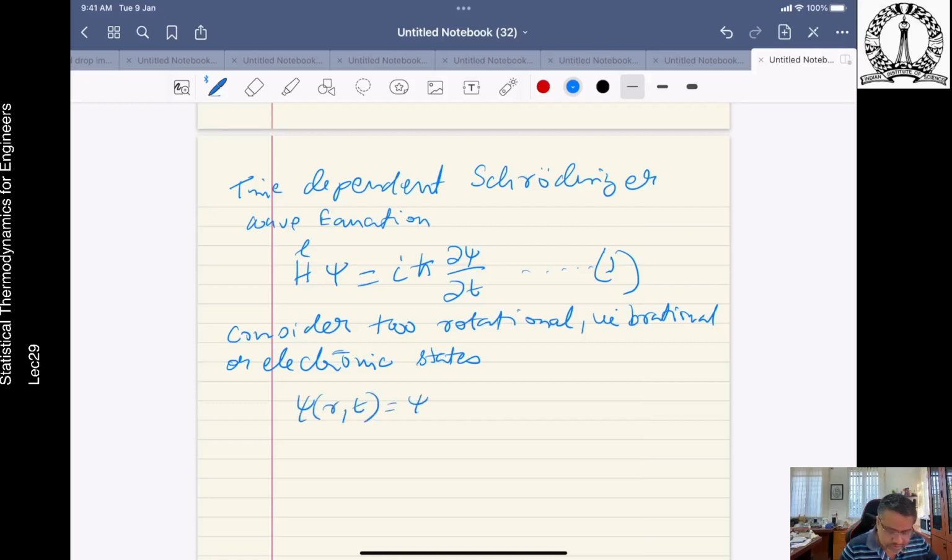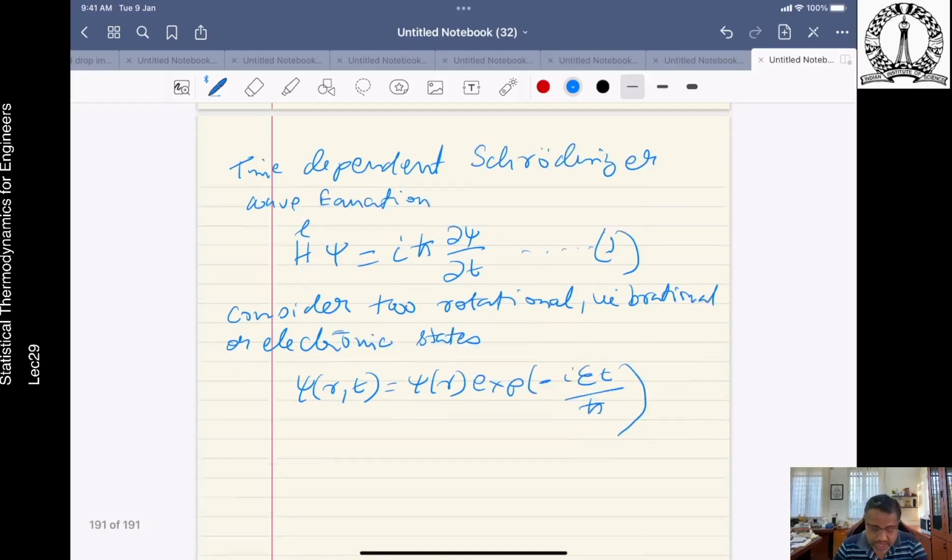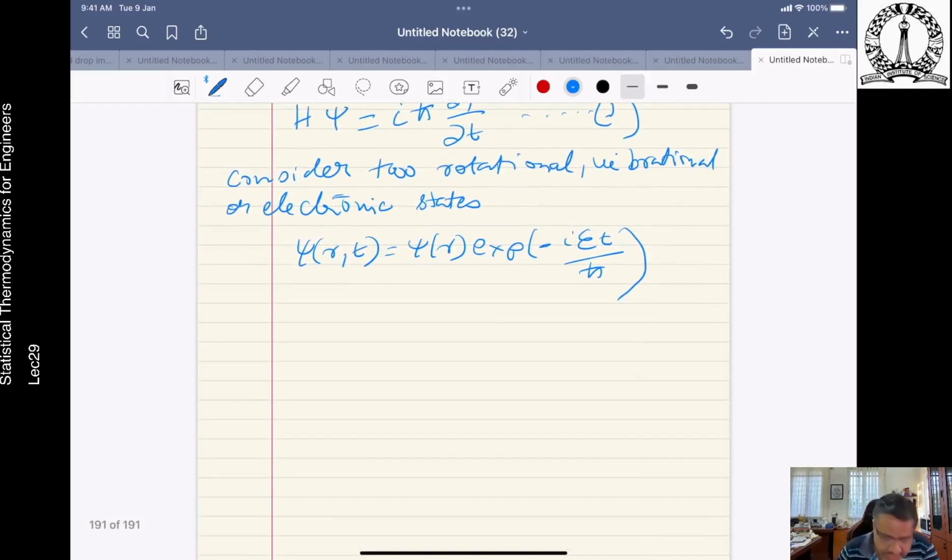Now for each state, let's take the state psi 1.